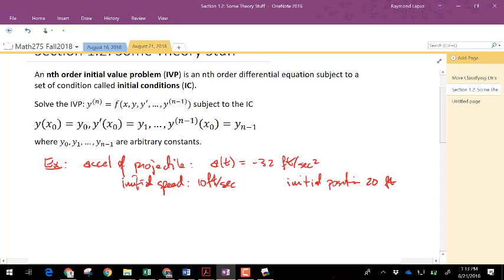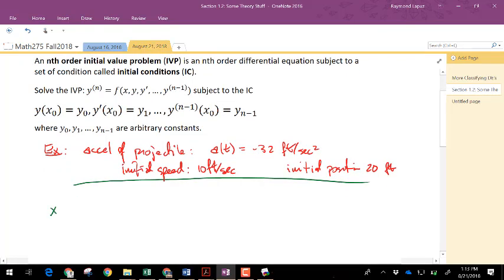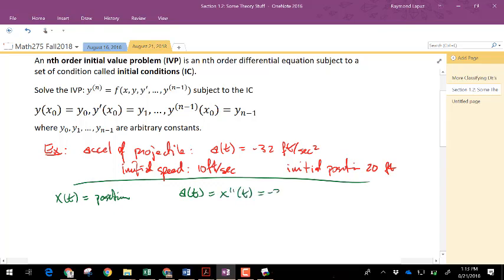It might not seem obvious that we're dealing with derivatives, but we are, and we should know that from Calc 2. If we let x of t equal the position, then we have a of t is equal to x double prime of t. So this is your differential equation. What order differential equation is this?